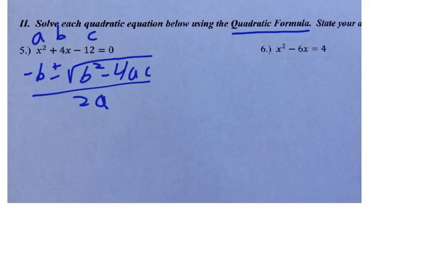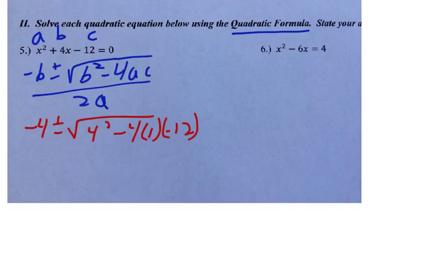And I'm going to plug in my values. So it's -b, so since my b is positive 4, I'm going to put a -4 there. Plus or minus square root of 4 squared minus 4 times a, which is 1, times c, which is -12, all over 2a, so over 2 times 1.